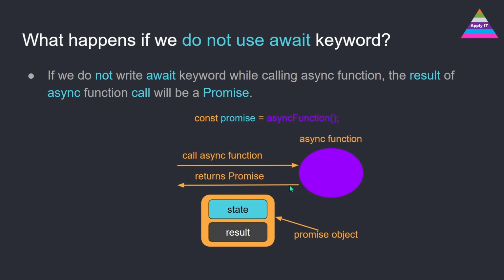This async function returns a promise object like this. Now that promise object will contain this result. And when this promise object is returned immediately, when we make an API call, the result will be unknown. And because the result is not known, we want to get information about the result. That's why we register then and catch callbacks. So in this case, the execution of the async function will be asynchronous.